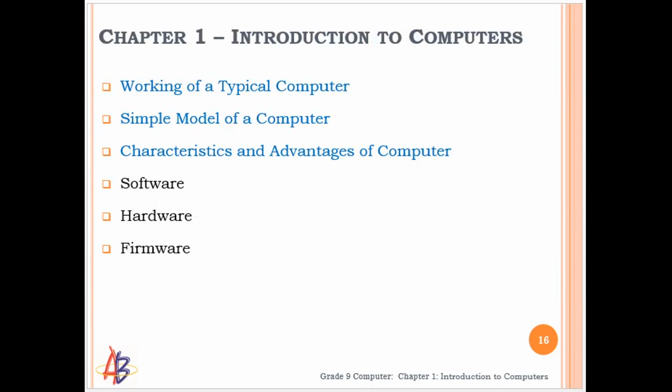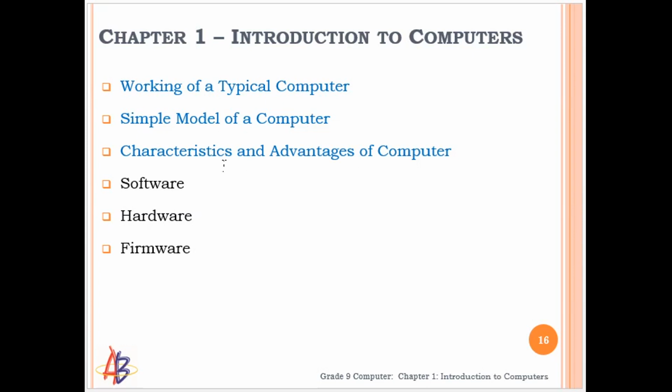So what we have seen in chapter 1, we have covered these three topics: working of a typical computer, simple model of a computer, and characteristics and advantages of computer. Again, quick revision. In first topic, what we have seen, input output process. In second topic, input block, memory block, CPU block, and output block.